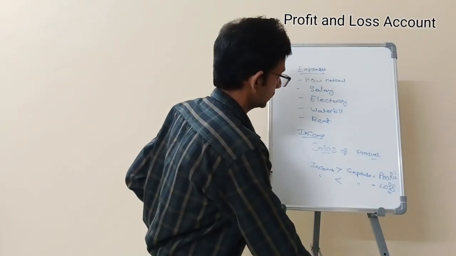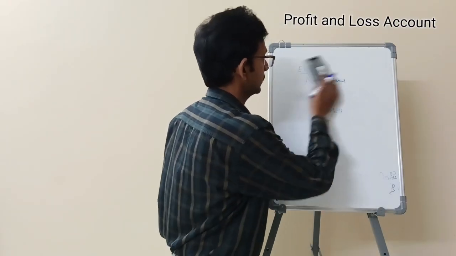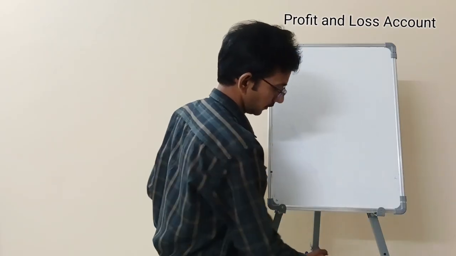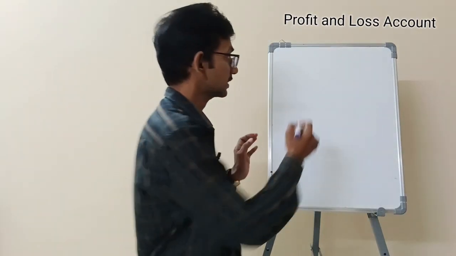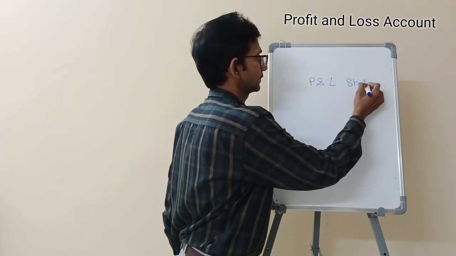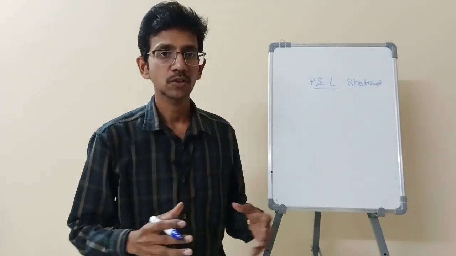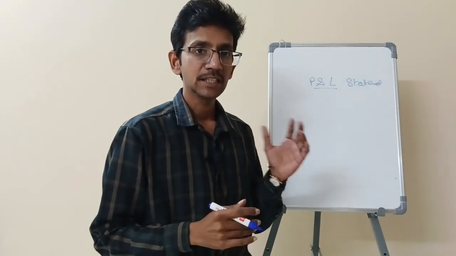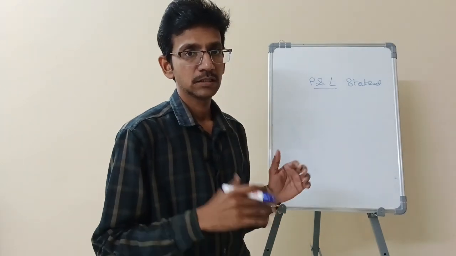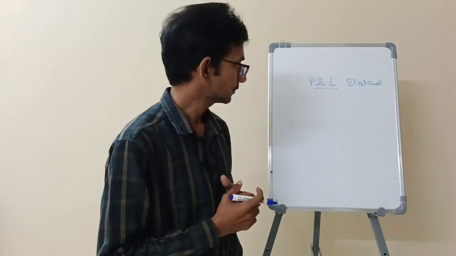So these income and expense put together, a statement reflecting income and expense, is called the P&L statement, which is called profit and loss statement. The income is what you get and expense is what you spend.